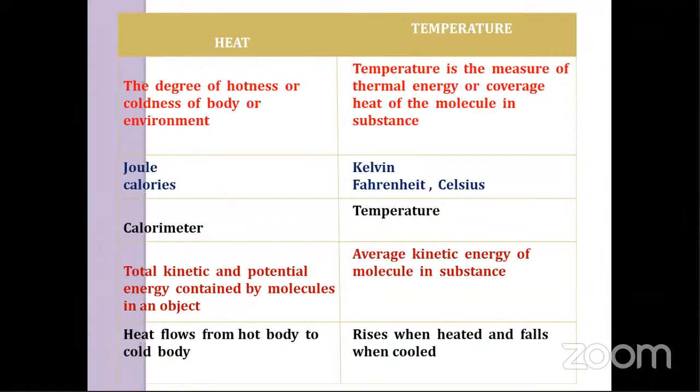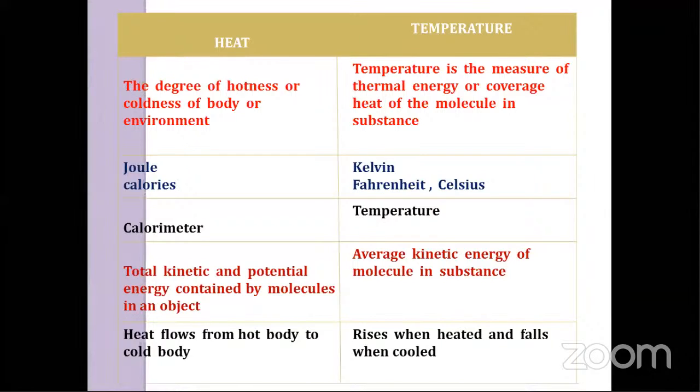It's different. Okay, heat and temperature. When we give heat to the object, its temperature rises. Okay. And when we cool it, the temperature falls. Here is the difference, and all this is about heat and temperature.